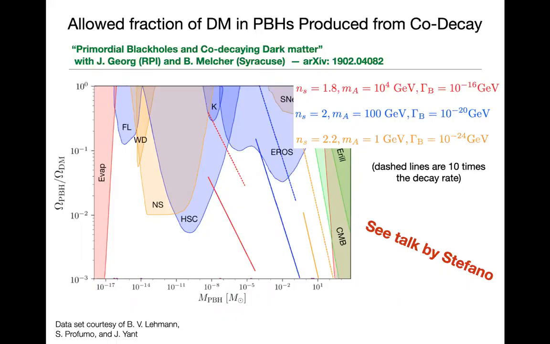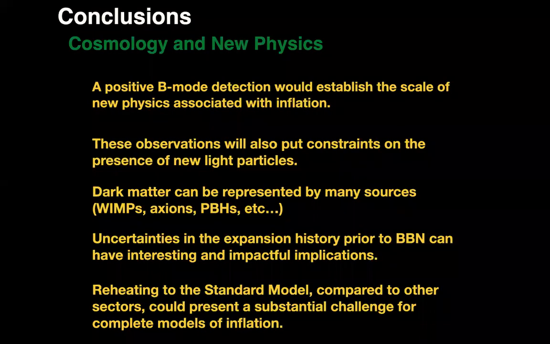Anyway, so let me wrap up. So in conclusion, the main points I wanted to make is if we detect these primordial gravitational waves, this will give us a new scale of physics associated with inflation. The ΔN_eff constraints will allow us to put constraints on whatever light particles might be around at the time of CMB or BBN.